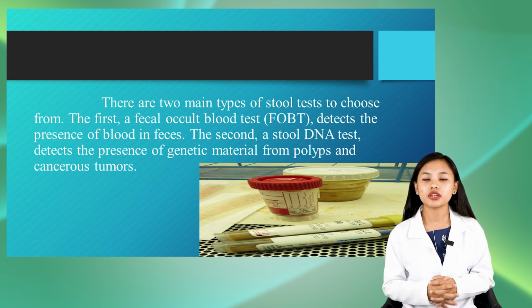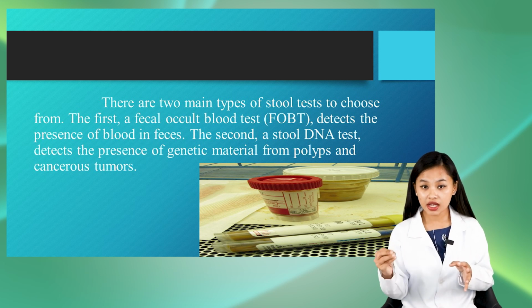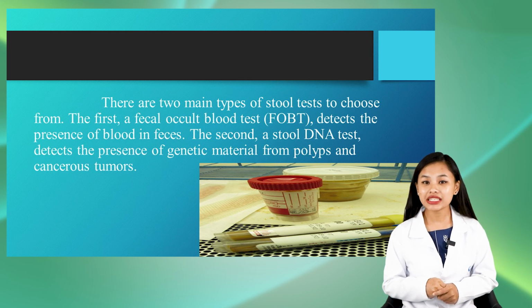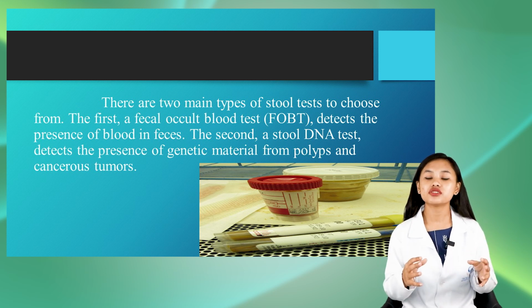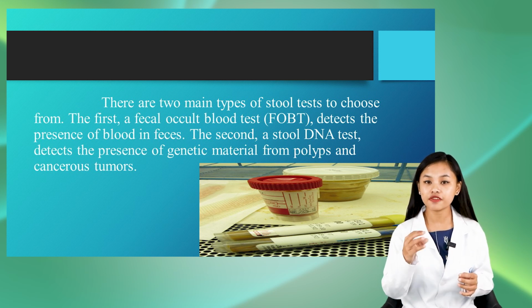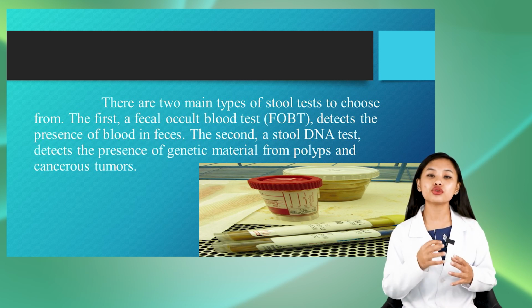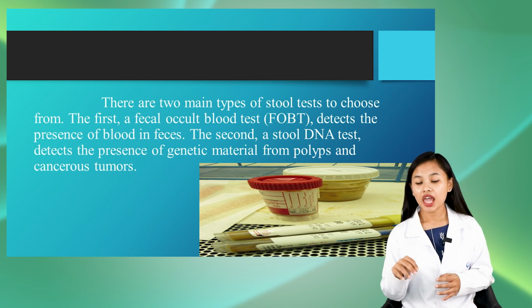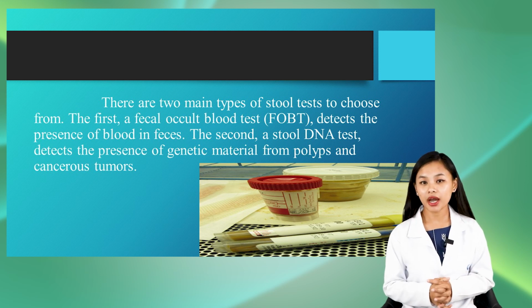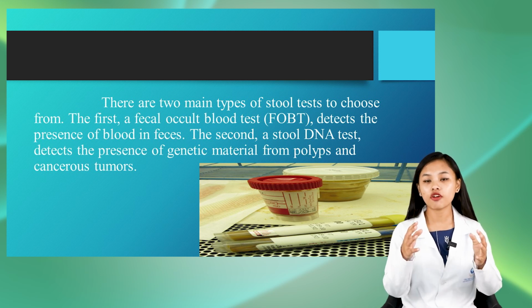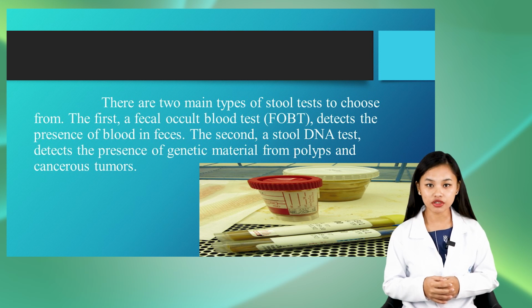The first one is the fecal occult blood test, which can be done to determine the presence of blood in the feces. And the second one is the stool DNA test, to determine the genetic material from polyps or even from cancerous tumors.